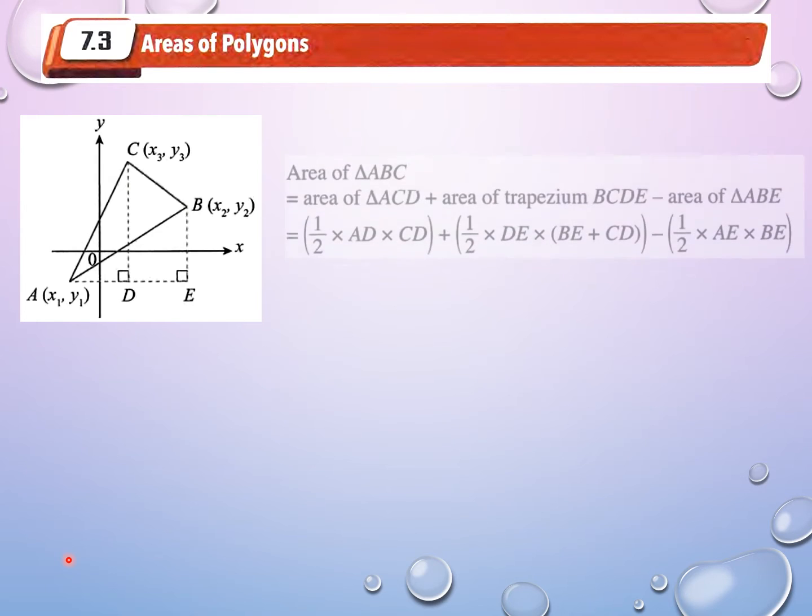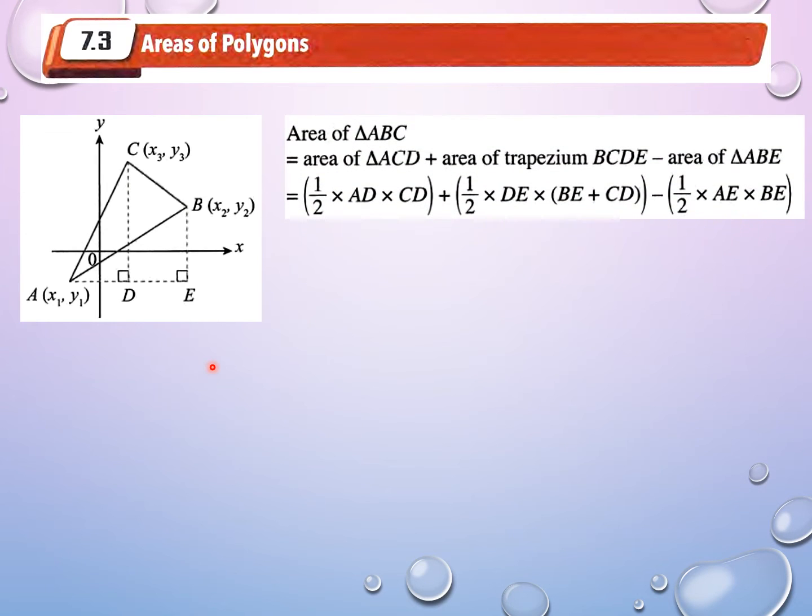To get the area, I can actually find regular polygons that I know. From here, if I draw a dotted line and join C to D, I get one right angle triangle.